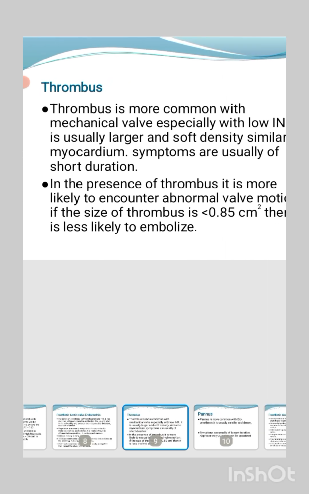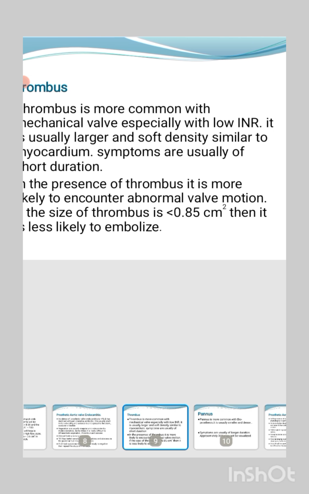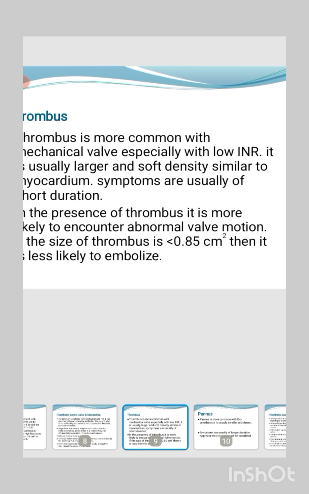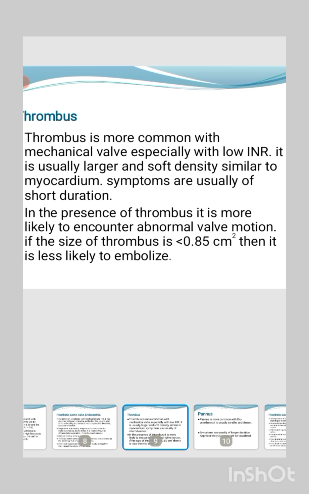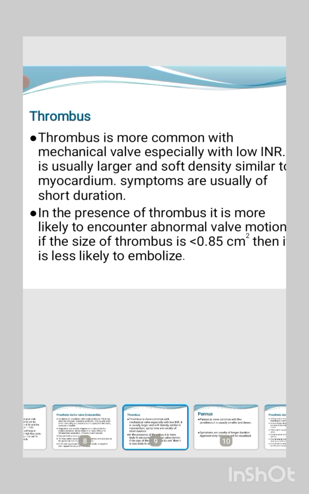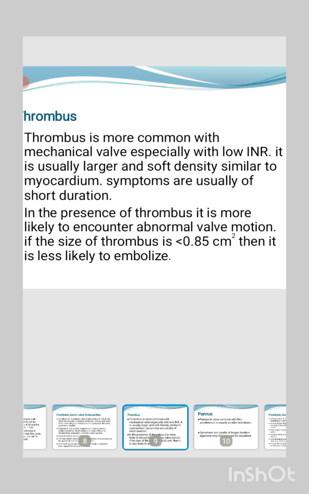Thrombus is more common with mechanical valves, especially with low INR. It is usually larger, with soft density similar to myocardium. Symptoms are usually of short duration. In the presence of thrombus, it is more likely to encounter abnormal valve motion.